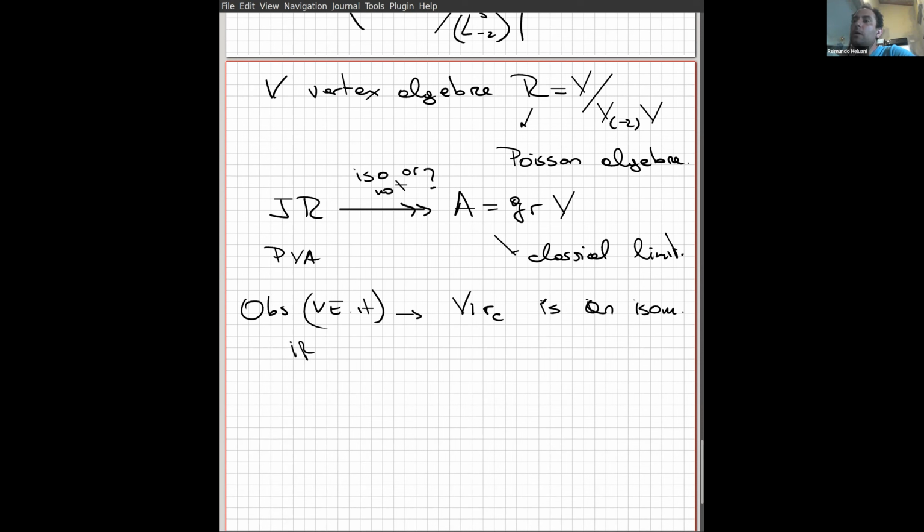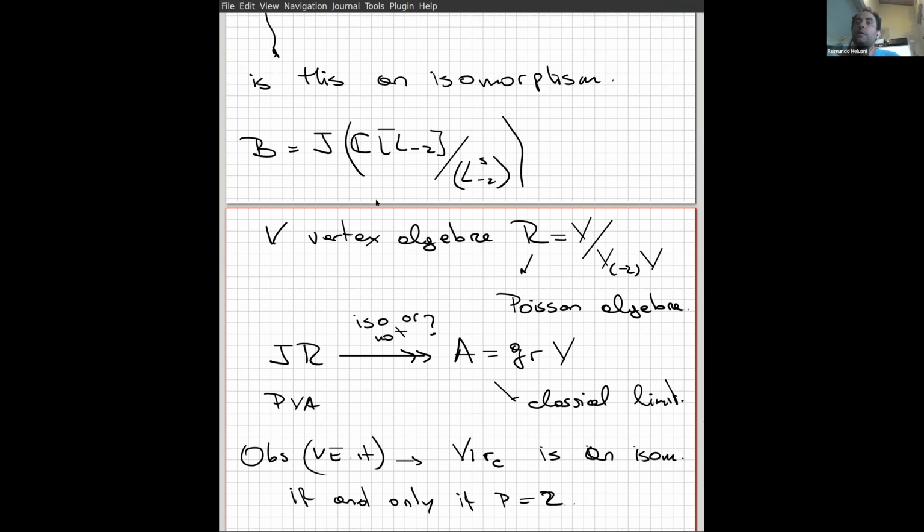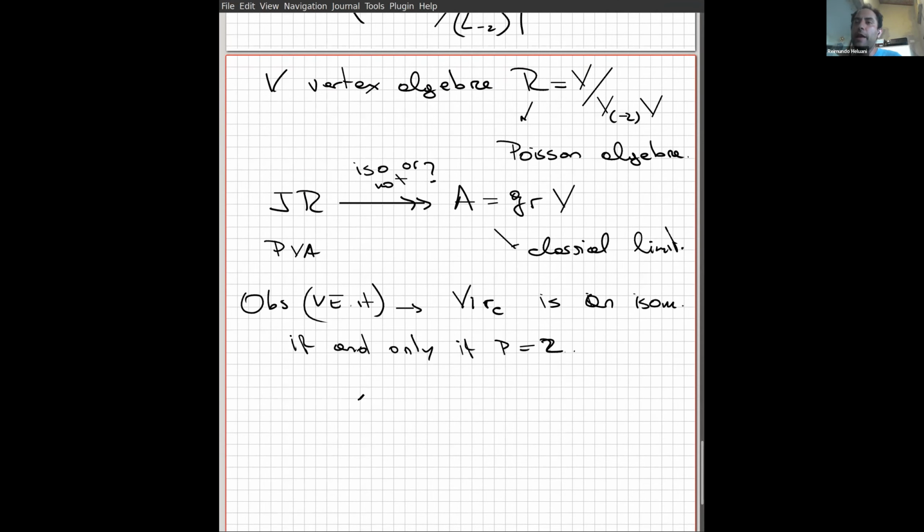Okay, so what happens is that the associated graded to the Virasoro minimal model is not classically free. It's not classically generated, freely generated. So it's only true when P is equal to 2. So we know that we have a natural kernel in this surjection that I wrote there, that I'm going to write it again.